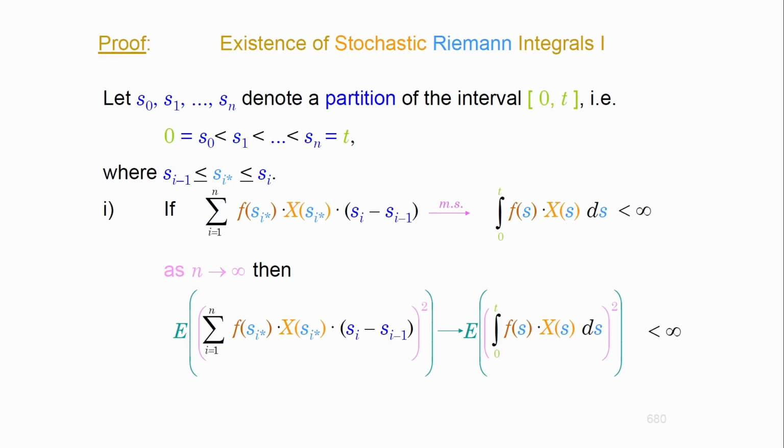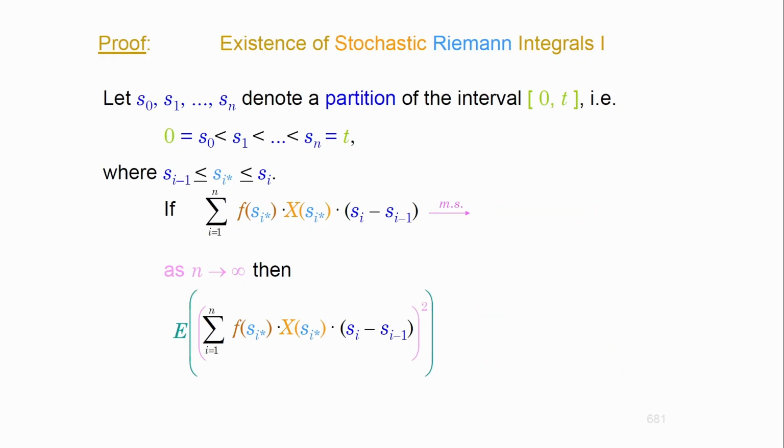Now, I will need to find the other direction. So I'm going to show that if the double integral is finite, then the stochastic integral exists. And I'm going to use, in this case, the logical negation.